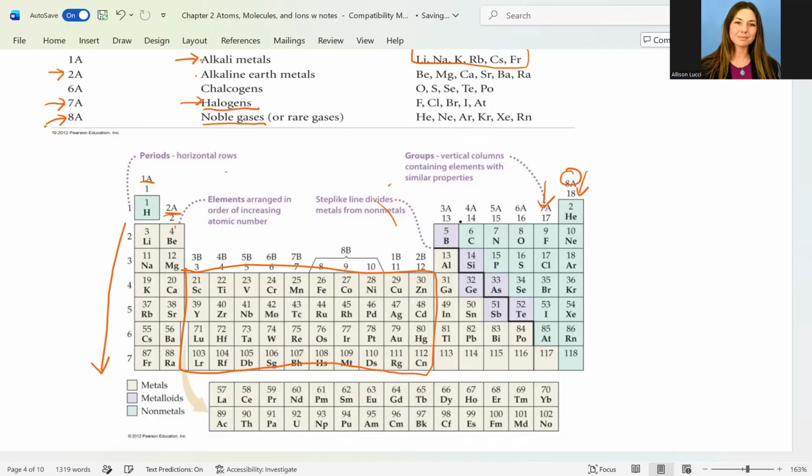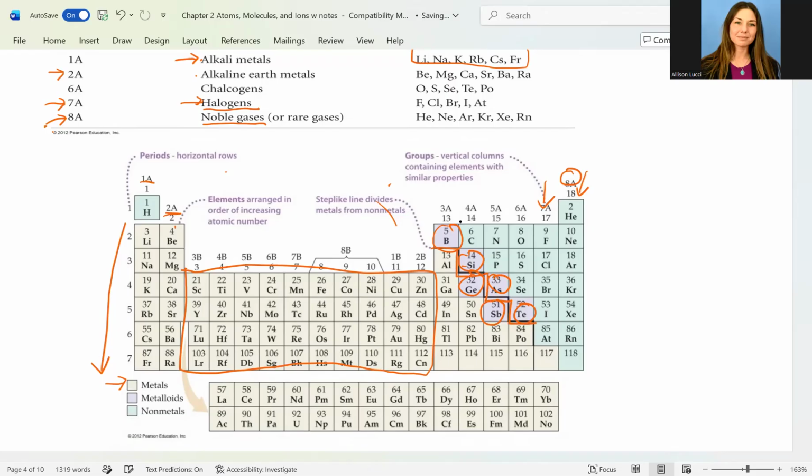And we can see that there is some different color coding down here, that all the metals on the periodic table are in the yellow shading. Then we have what are referred to as metalloids. So we have boron, silicon, germanium, and the rest here in this purple color that form this kind of staircase here.